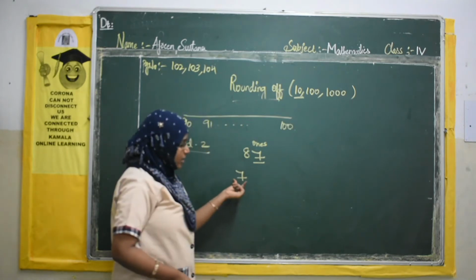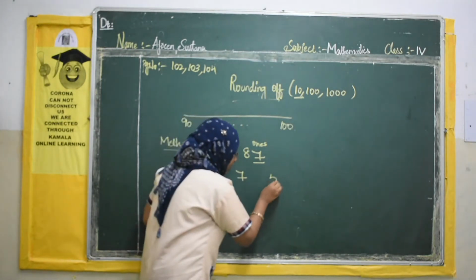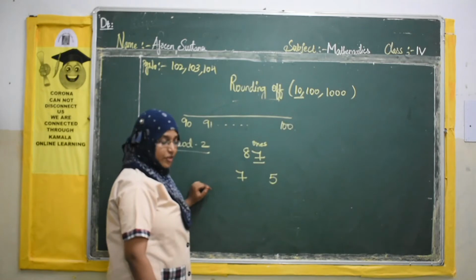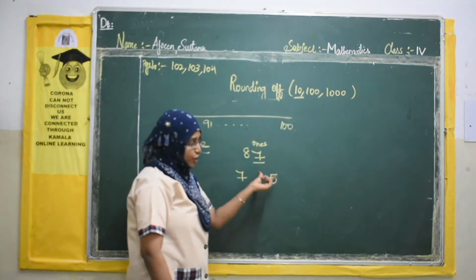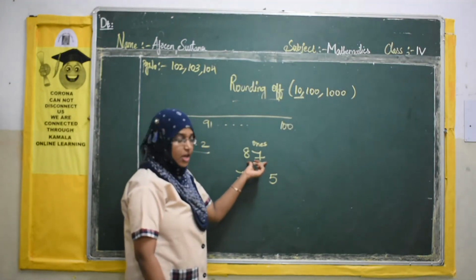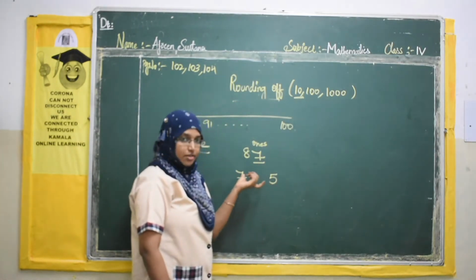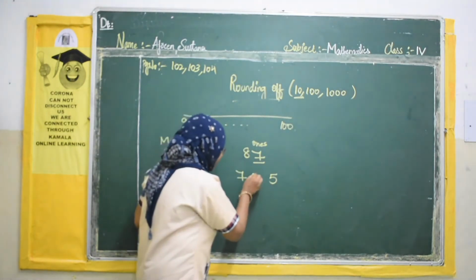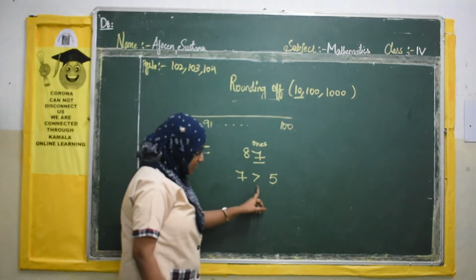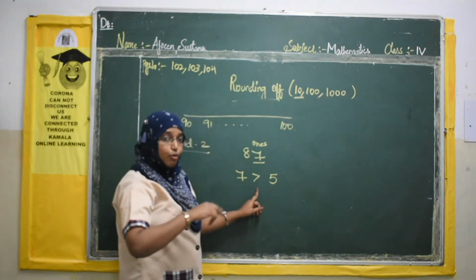We will compare this 7 with 5. Whatever digit is in the one's place, we will compare it with 5. Is 7 greater than 5 or less than 5? It is greater than 5. As this is greater than 5, we will round up.